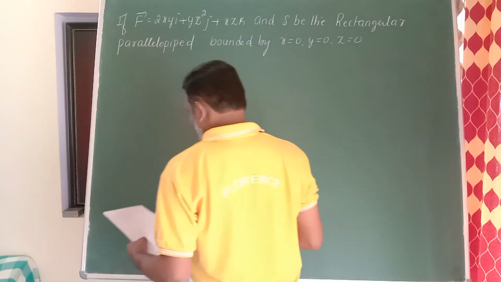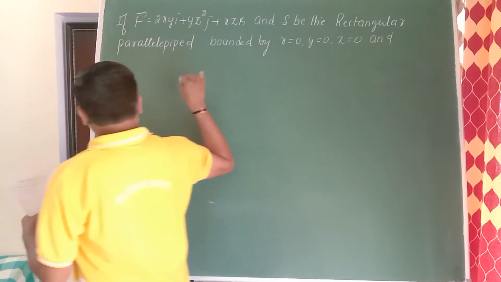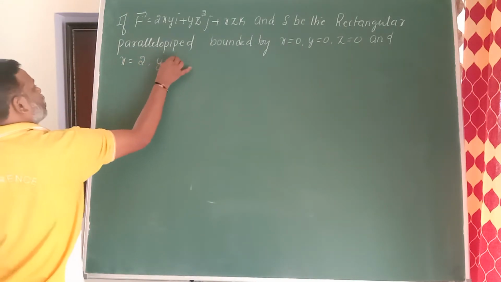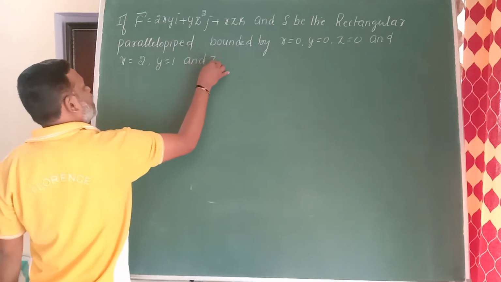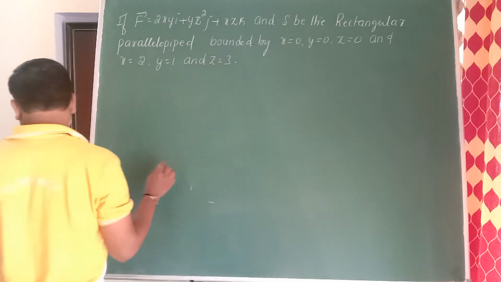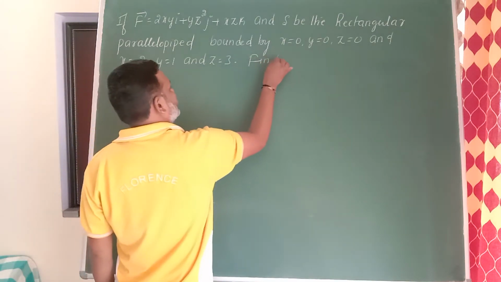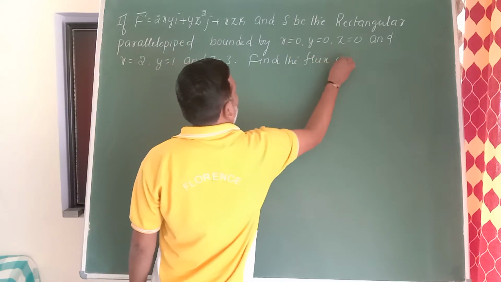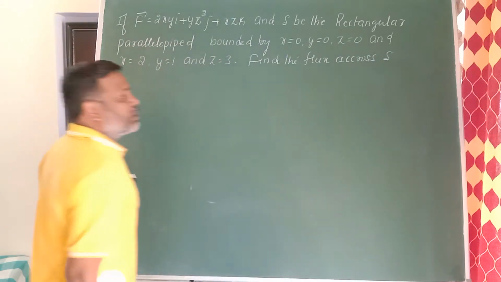These are the lower boundaries, and x is equal to 2, y is equal to 1 and z is equal to 3. These are the upper boundaries. Find the flux across S.